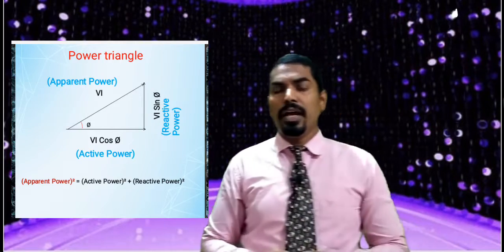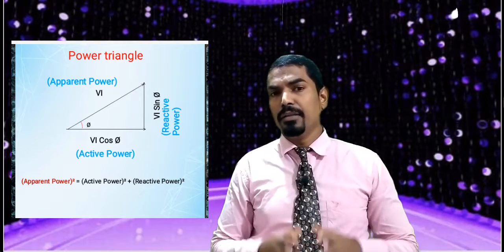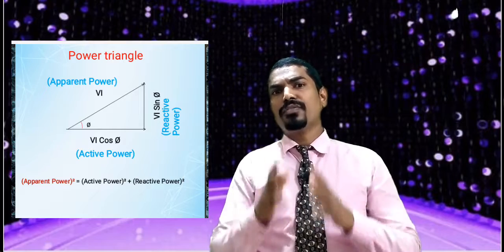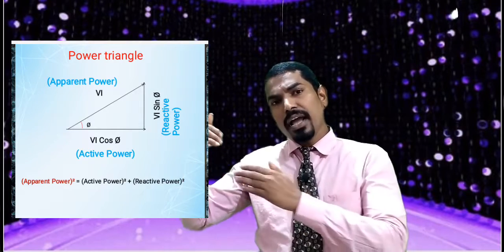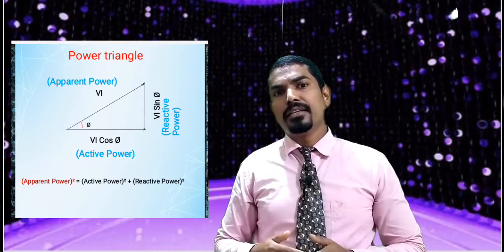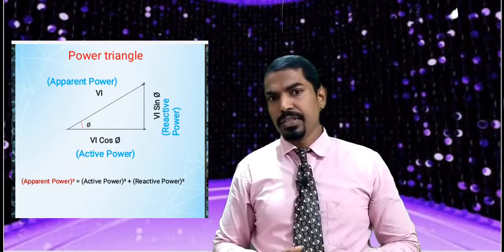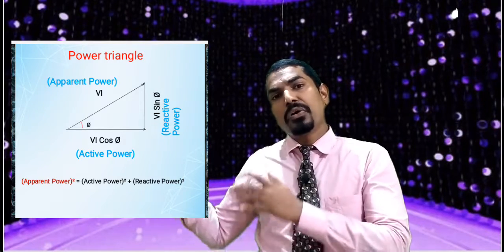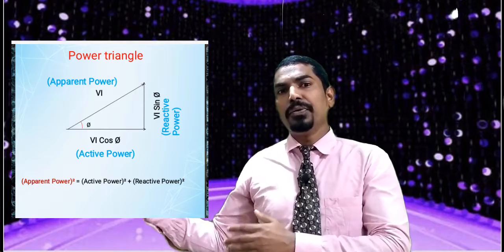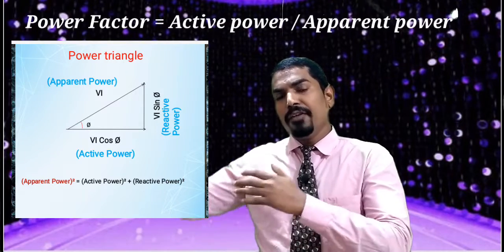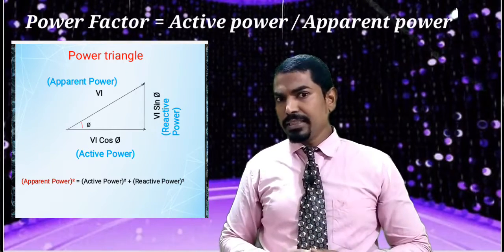As we have already studied in mathematics, cos phi is the ratio of the adjacent side divided by the hypotenuse. So in this case cos phi will be equal to active power divided by apparent power in the system.